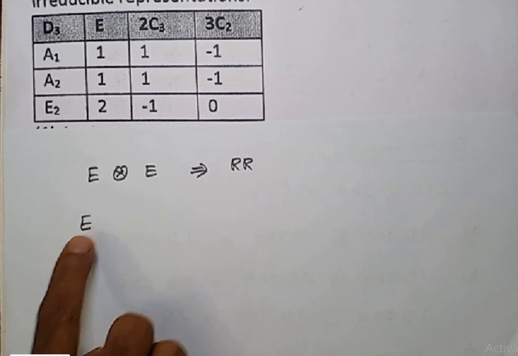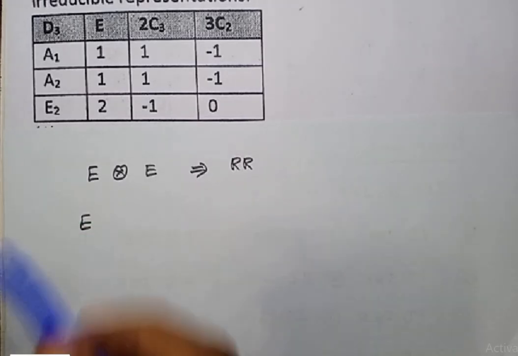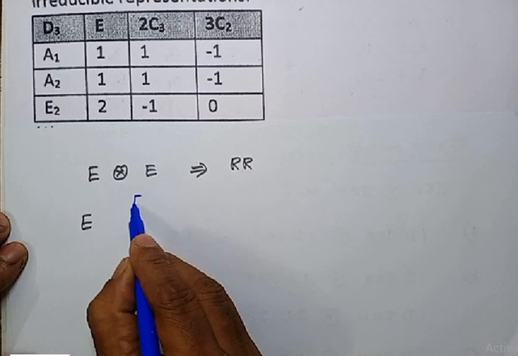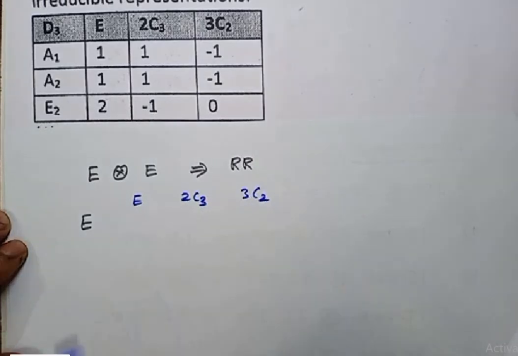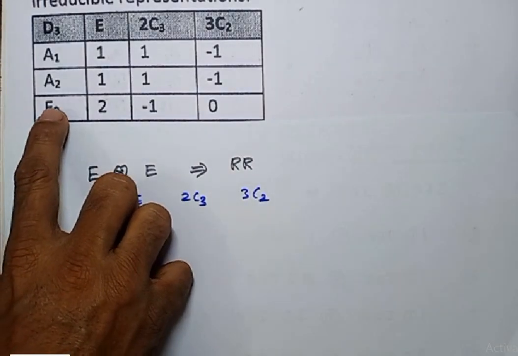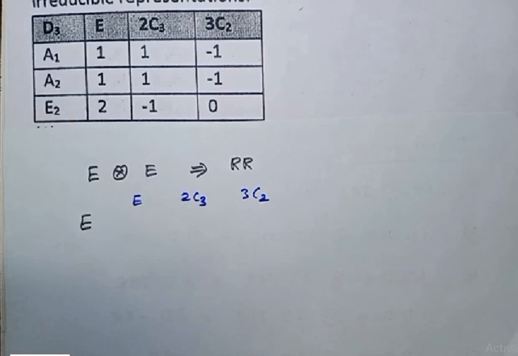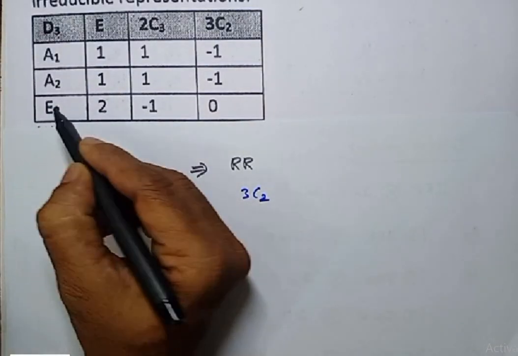This E is the irreducible representation, and what are the symmetry operations given? E, 2C3, 3C2. These are the symmetry operations. Observe carefully. For E, this is actually E, and the number 2 is actually a typo error.